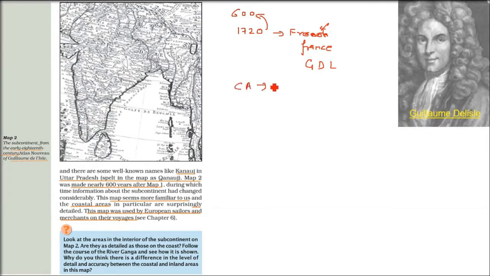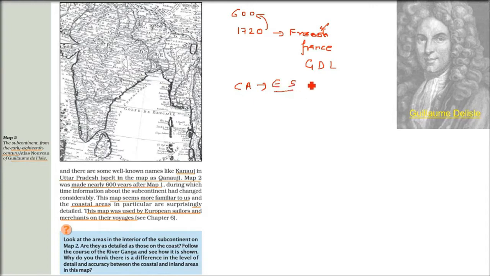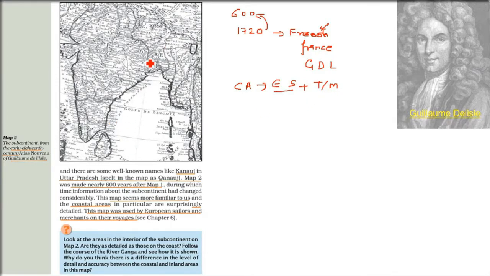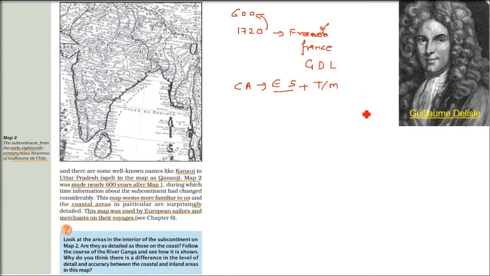Because of this crispness and clarity, the Europeans, traders and merchants who used to come here were following this map made by Guillaume de Lisle.